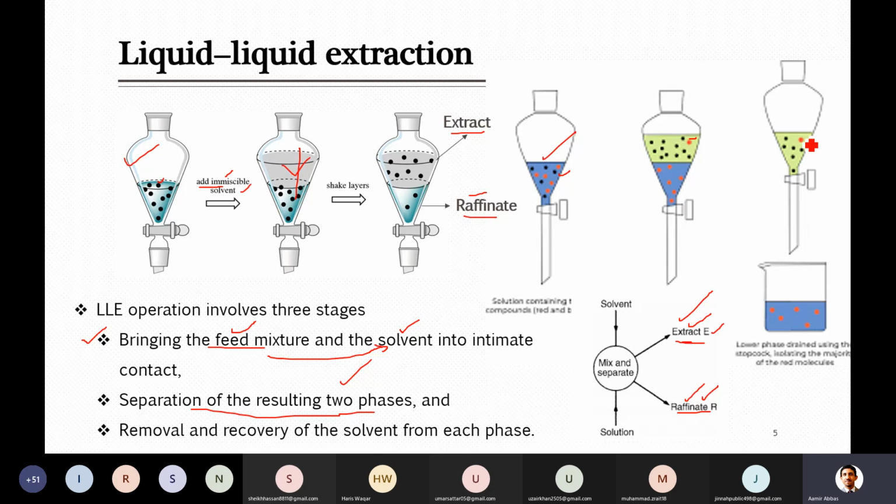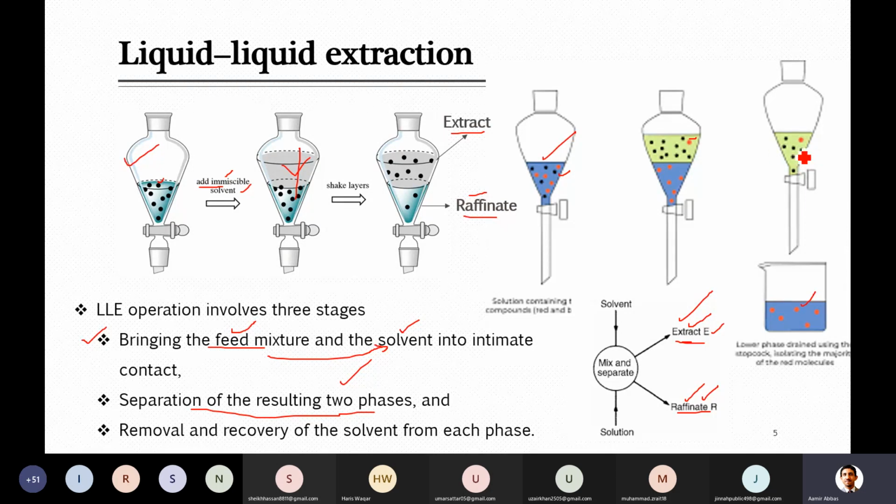Definitely, this is now your feed from which you were supposed to remove something, and you have got rid of those components. They are already removed. The solvent now contains something which was not originally part of it, and if you want to recycle or reuse this solvent, there will be a need to recover the solvent from the solute which you have just transferred from the feed.